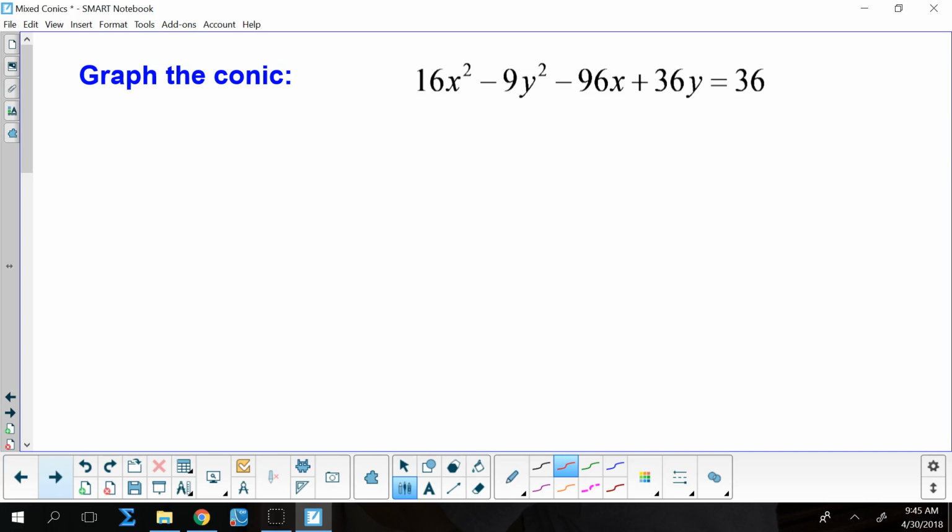First off, you should determine what kind of a conic it is. What kind of a conic is this one? Why is it a hyperbola? I have two squared terms, and I'm subtracting them. So this is a hyperbola.